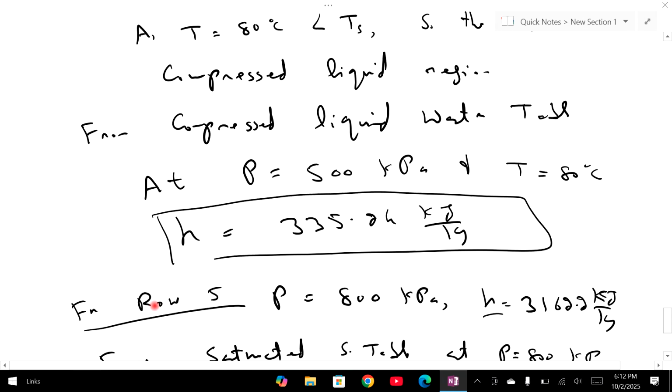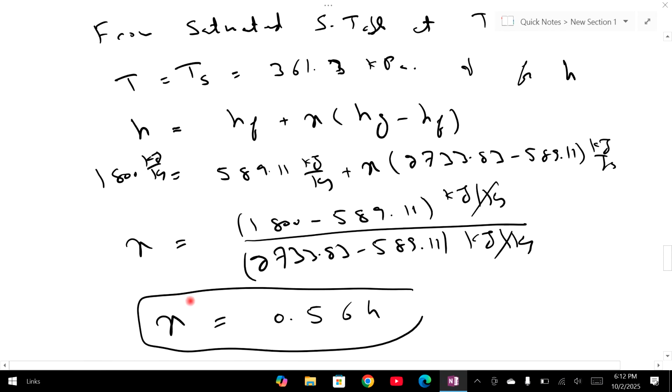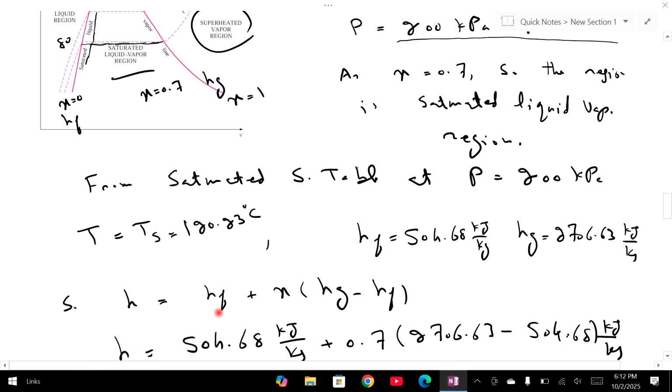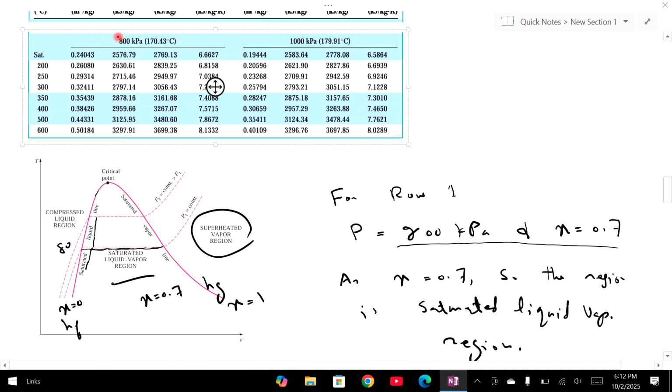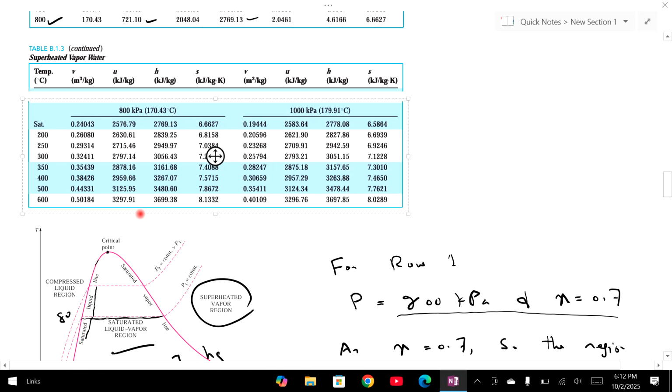So go to the superheated steam table, the superheated vapor table. Pressure is 800 kilopascal.